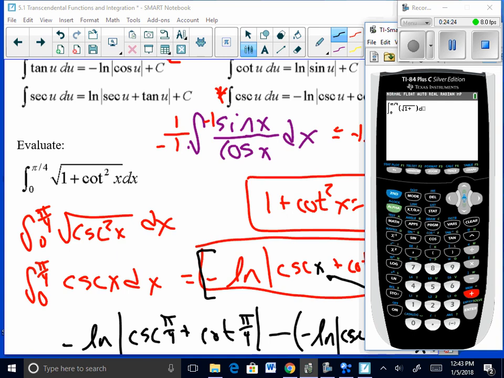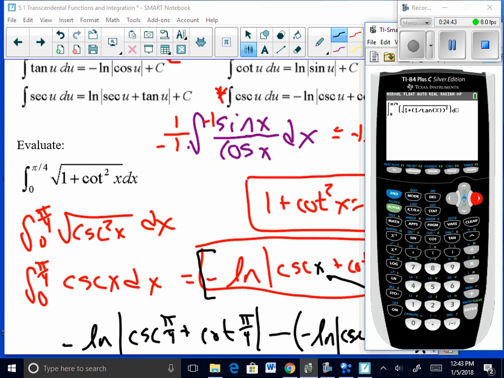How would I put that in? We know that cotangent is 1 over tangent x, so I close that parenthesis, and then I'll put the square outside of my big parentheses. Okay, and then dx over here.